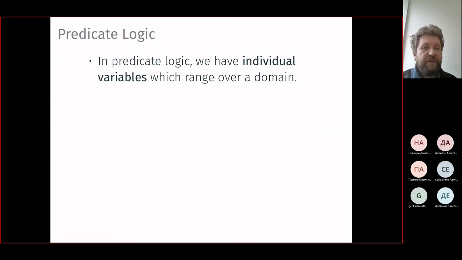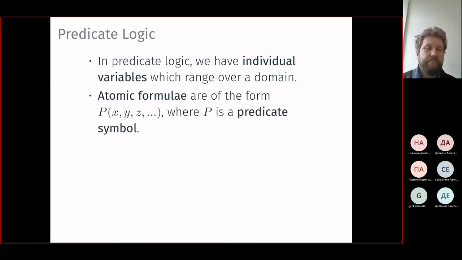In predicate logic we have individual variables which range over a domain. So it's not Boolean. The Boolean variables like P, Q, R were for truth, something which is true or false. Individual variables range over objects like natural numbers. So we have atomic formulae of this form, where P is a predicate symbol, and X, Y, Z are variables.